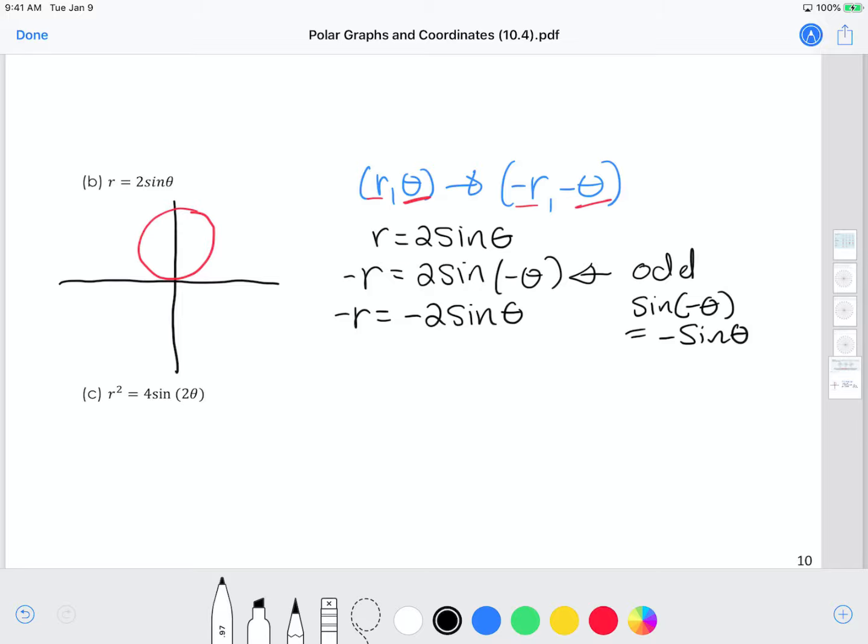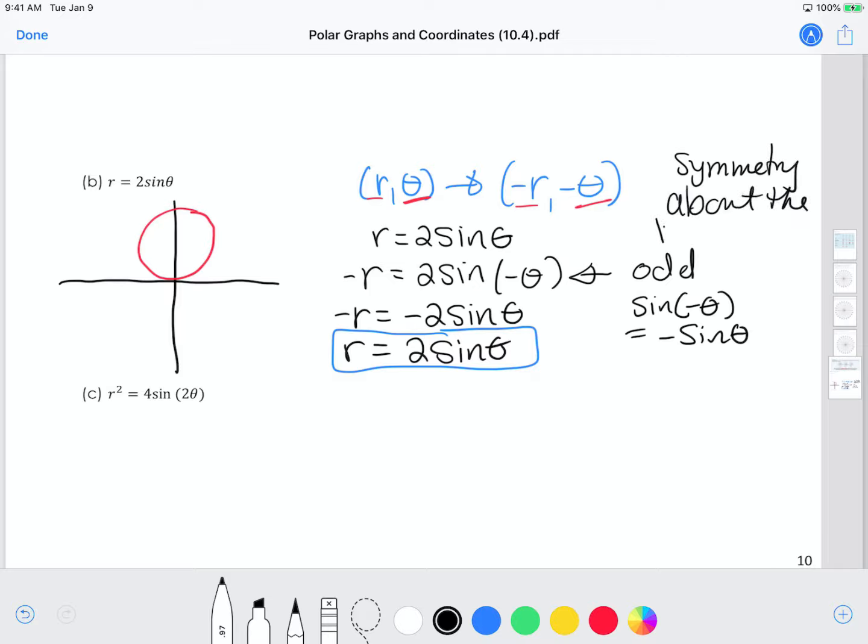And then when I divide both sides by negative 1, I get the same thing as what I started with. So that tells me I have symmetry about the line theta is equal to pi over 2.